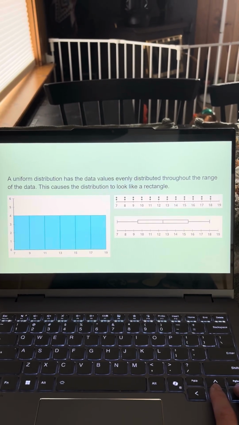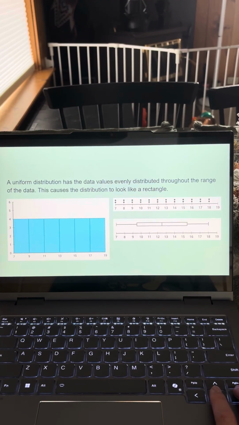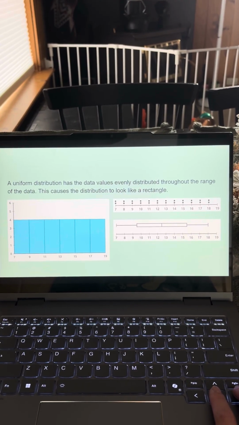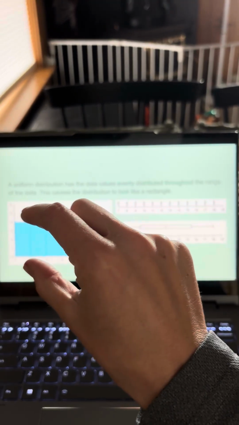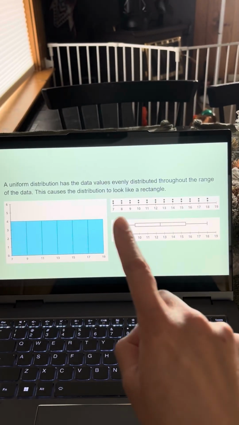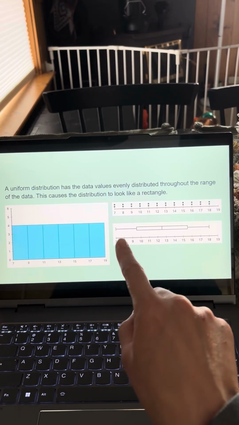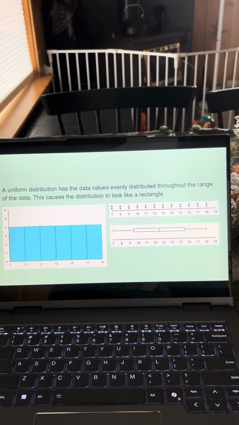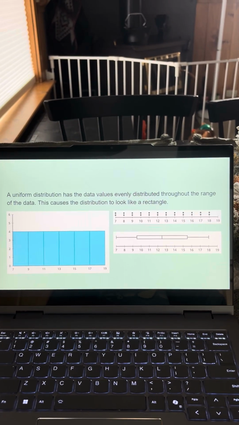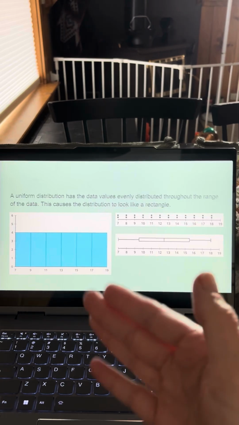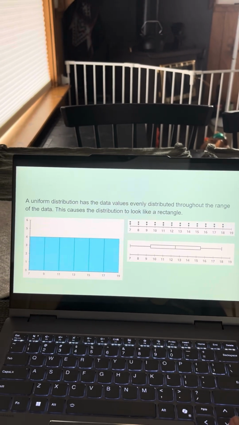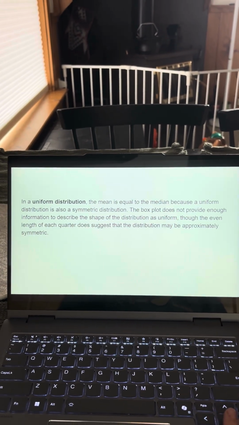Uniform distribution means that the values are evenly distributed throughout the range of the data. It looks more like a rectangle. It's the same exact amount of data spots all the way across, 2 dots for every single number. And you can tell the box plot looks perfect, so it has a uniform look to it.